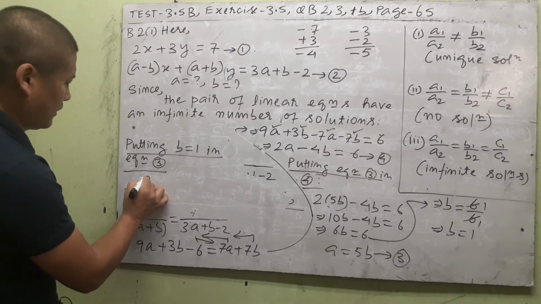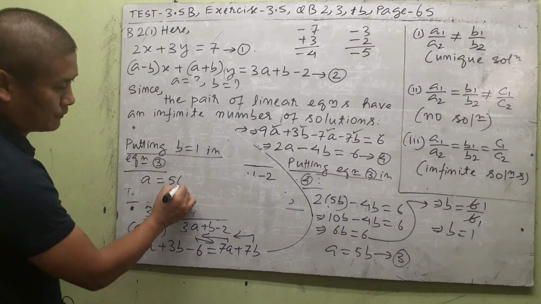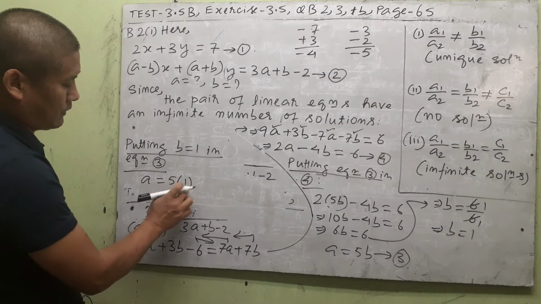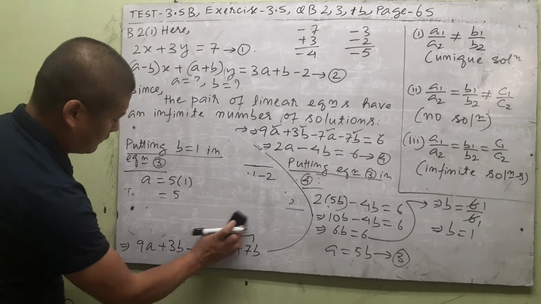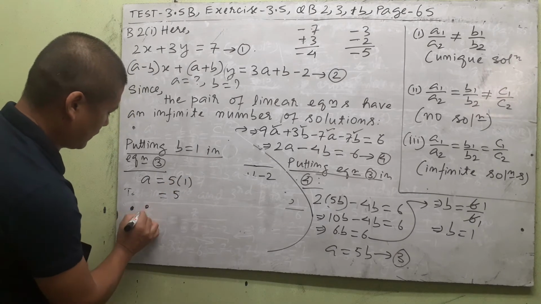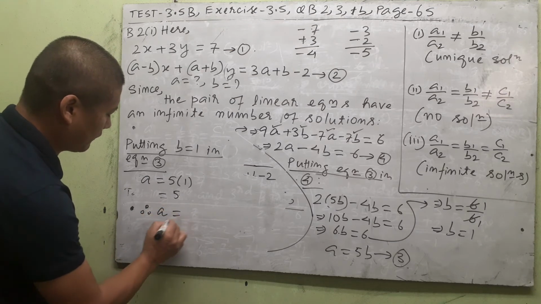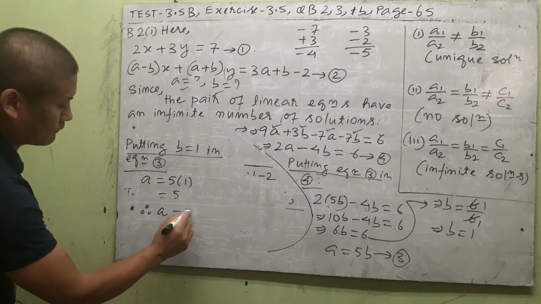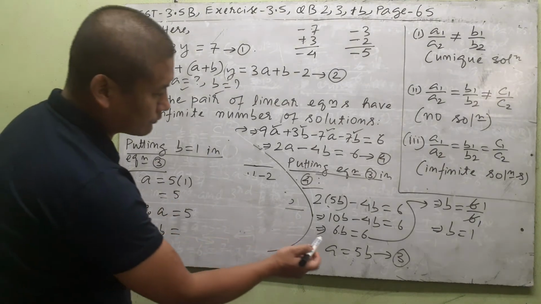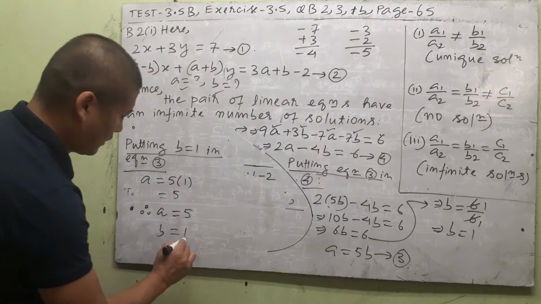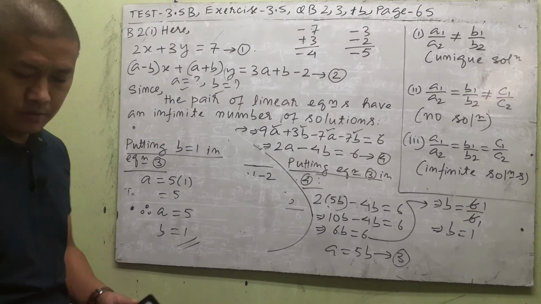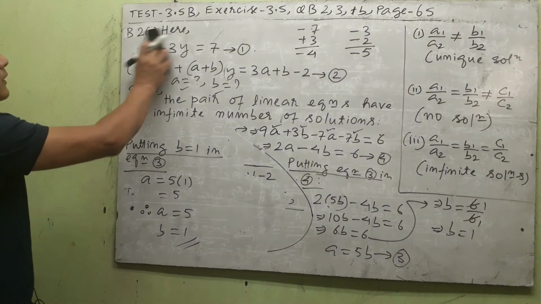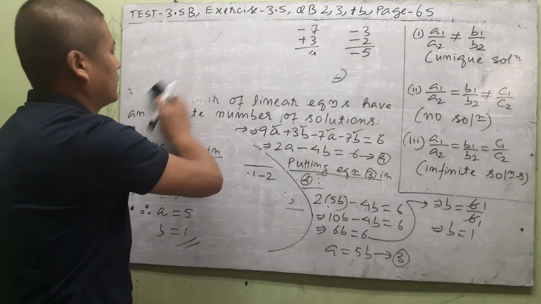So a equal to 5 into b, and b here is 1, so let's put 1 here. 5 ones are 5. So therefore, the question is asking to find the value of a and the value of b. So a we got 5, b we got equal to 1. So that's our answer. Okay, once we are through with that, let's go to the next one, b2.